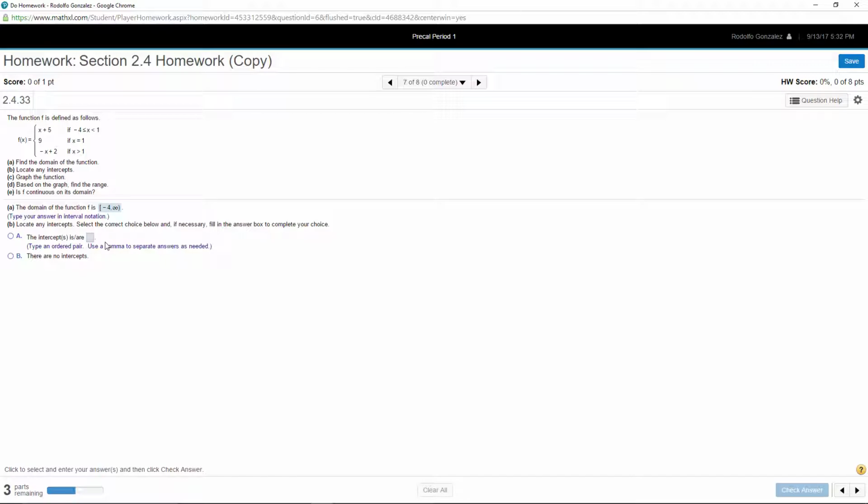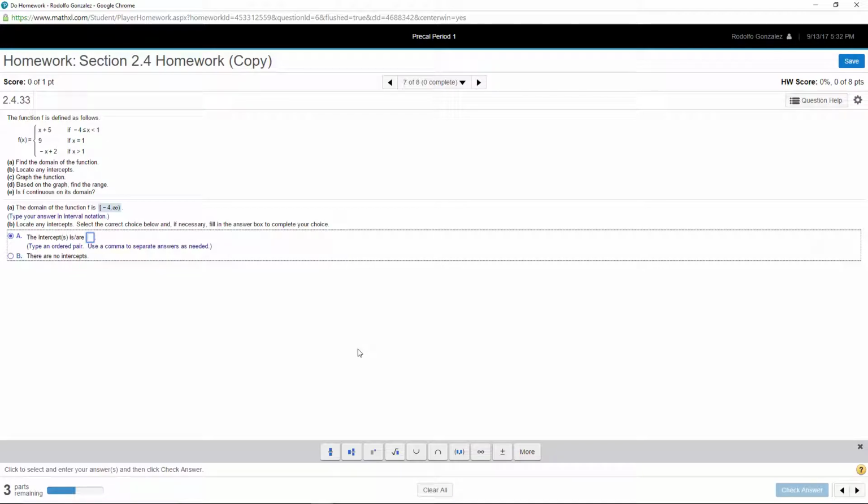So let's go ahead and graph this. It might be better if we graph it using the program. Let me see if I can skip this. Or let me just figure this out real quick.